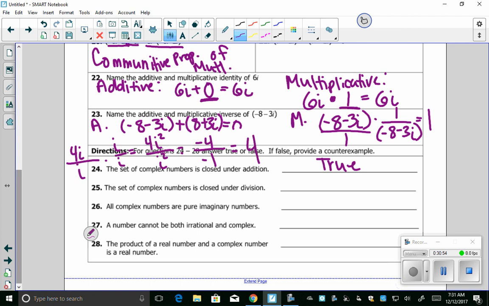Well, 4 is still a complex number. So this one is also true.